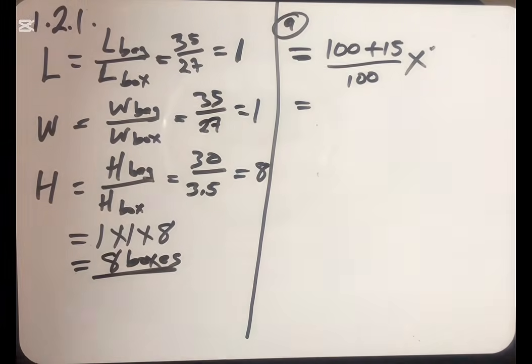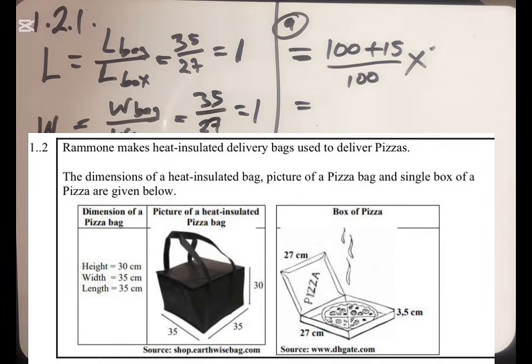So the new dimension is now going to be 100 plus 15 over 100 multiplied by the original dimension of a box. It was 27.